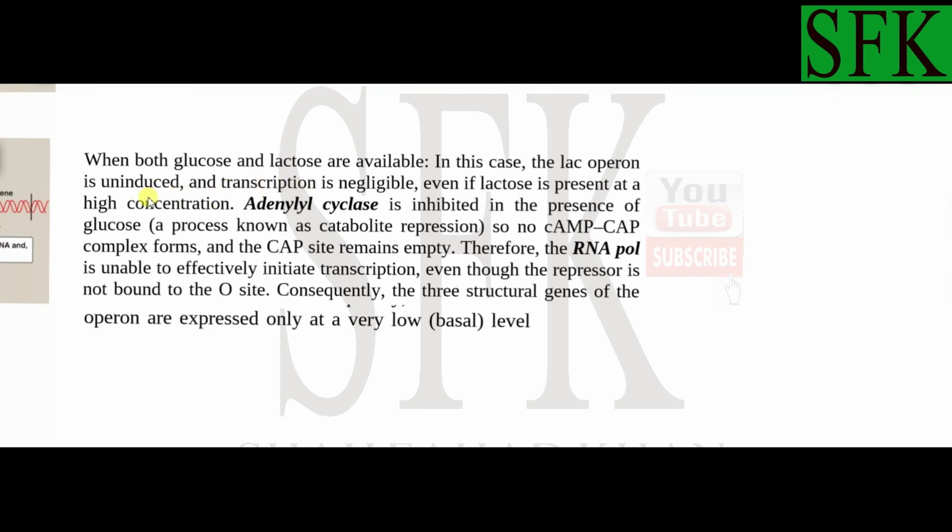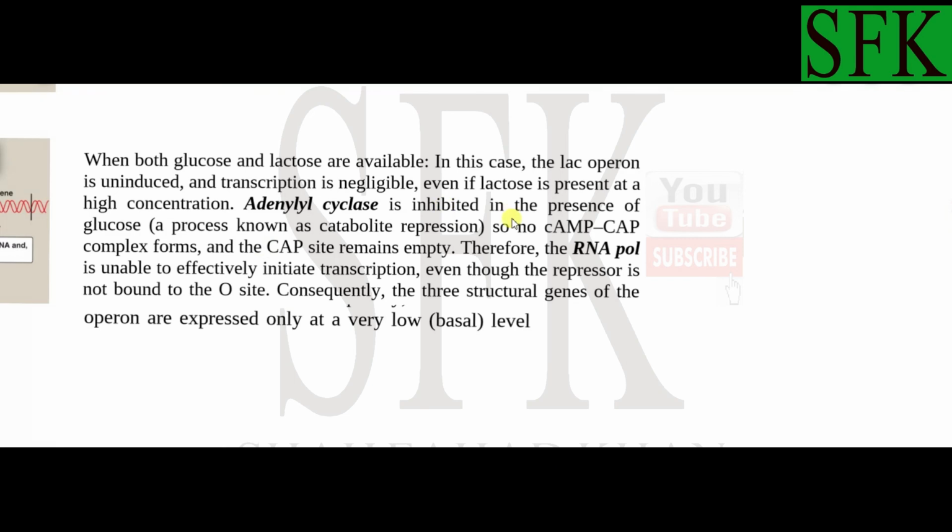And the reason is because the adenylyl cyclase enzyme is inhibited. Okay, and transcription is negligible even if lactose is present at high concentration. The reason is that the adenylyl cyclase enzyme is inhibited in presence of the glucose molecule. This process is known as catabolite repression, because the catabolite activator protein is not able to bind to the cyclic AMP.